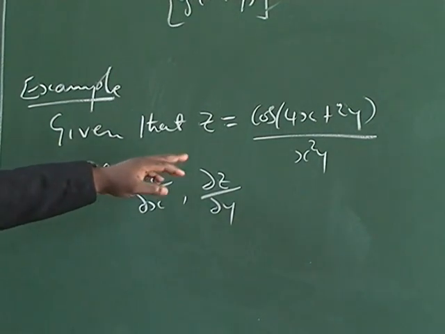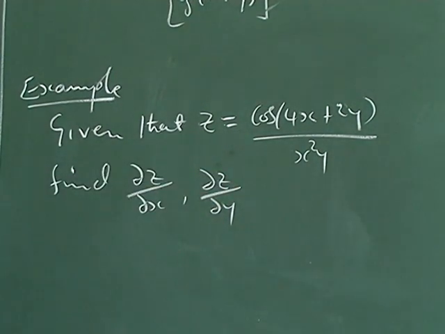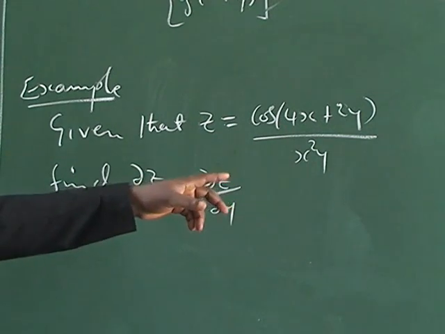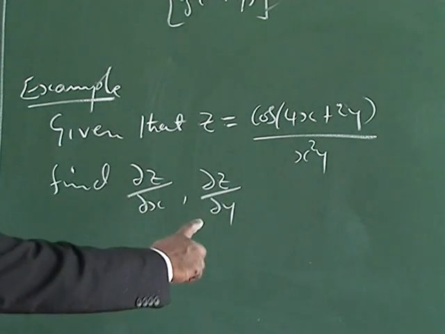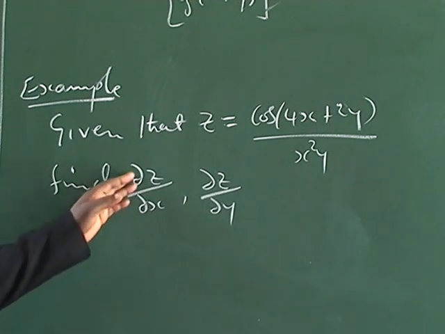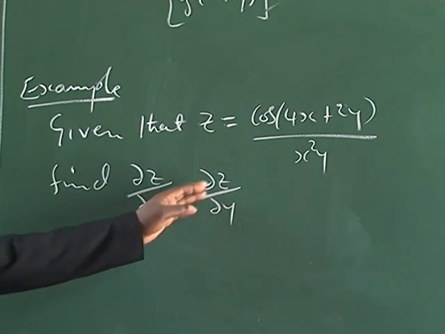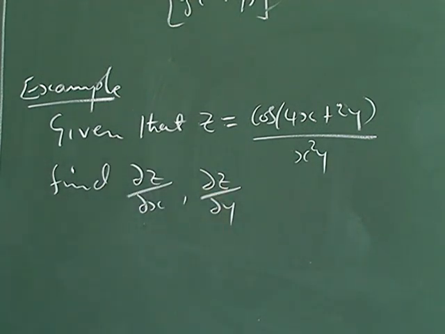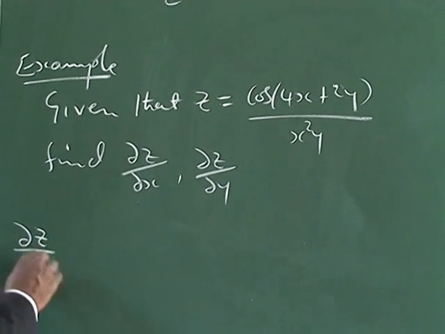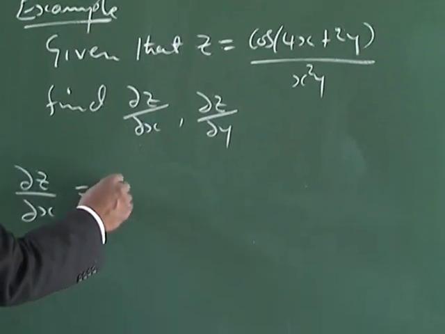Given that z is equal cos 4x plus 2y over x squared y, find partial z partial x and partial z partial y. Alright. By definition, we said that partial z partial x will be equal.